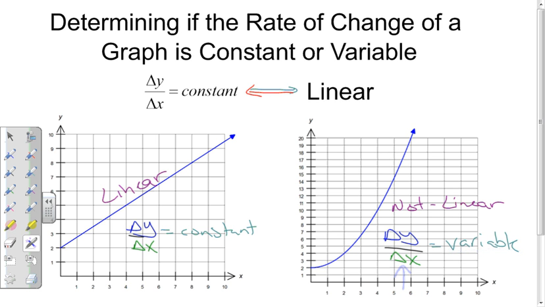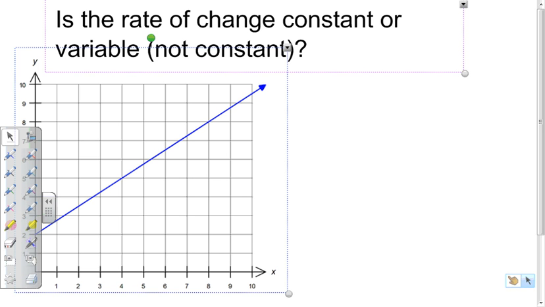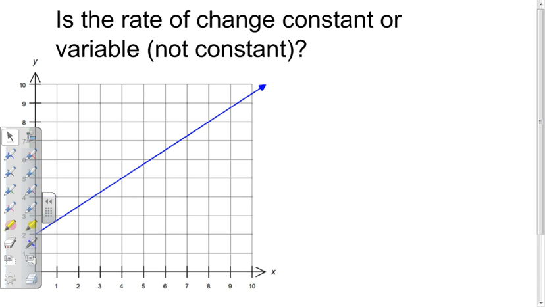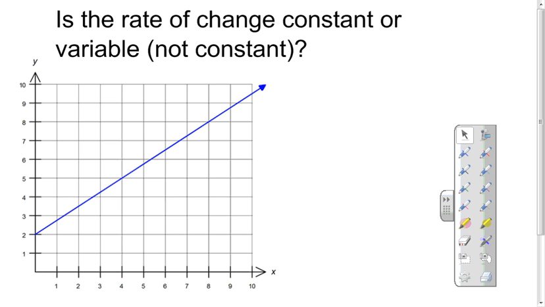Okay? So let's actually examine these a little more closely and give almost as if it's proof or demonstration of our knowledge of this. Okay? So what we have here is the question, is the rate of change constant or variable? Okay, well again we said we know that this is going to be constant because it's linear, but we're actually going to show it. Now to do that we have to be able to examine delta y and delta x on a graph.